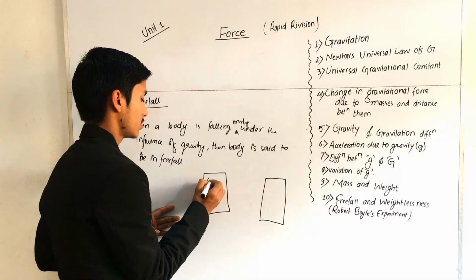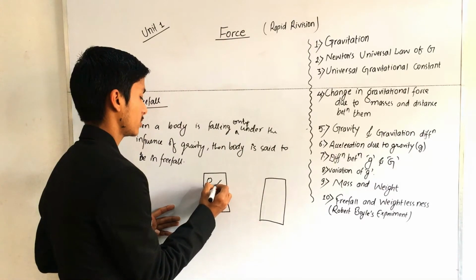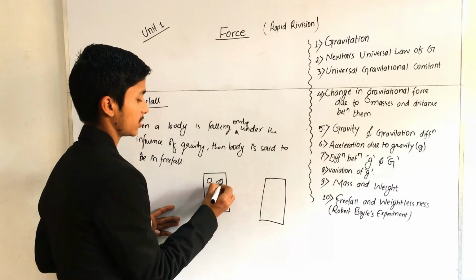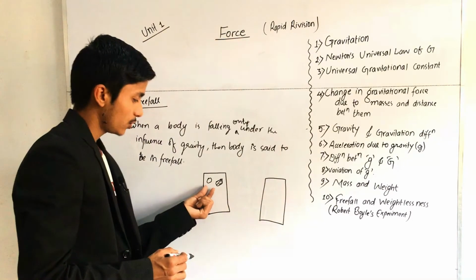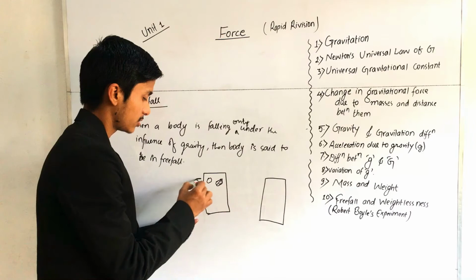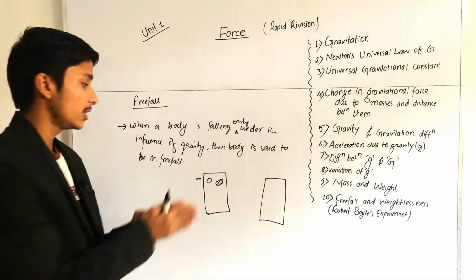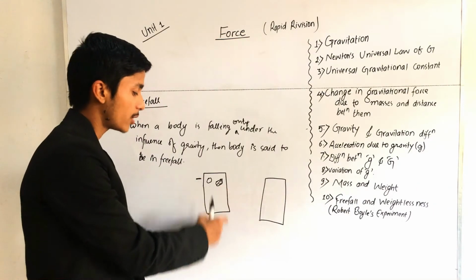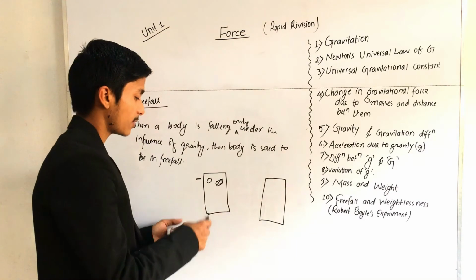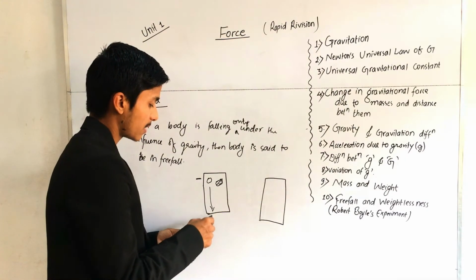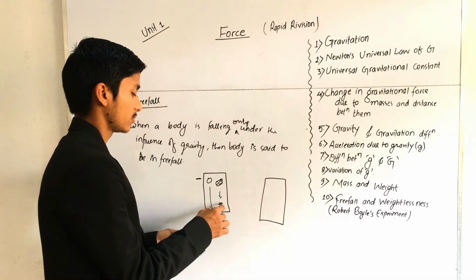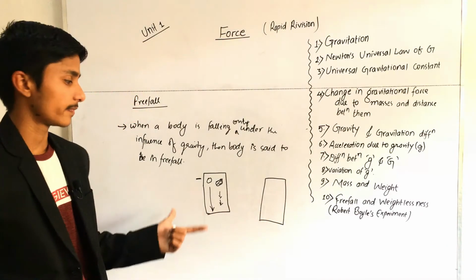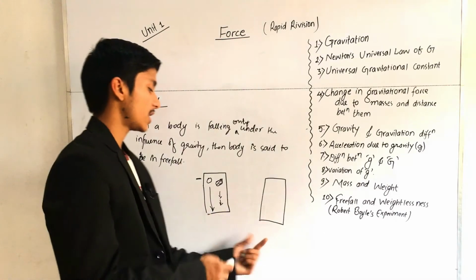He put the coin and feather at some height and he dropped these two bodies. Then the coin falls faster and the feather fell slowly.